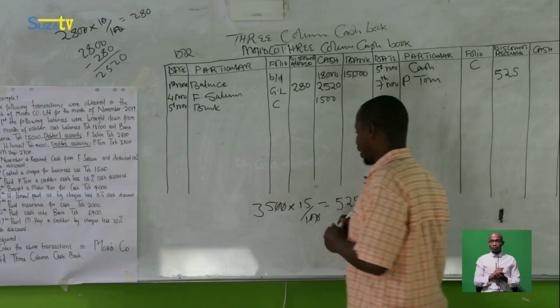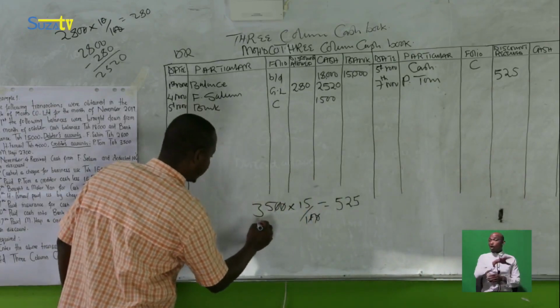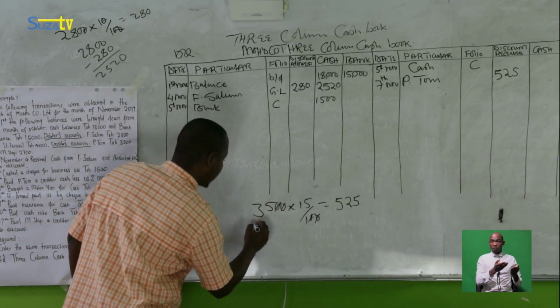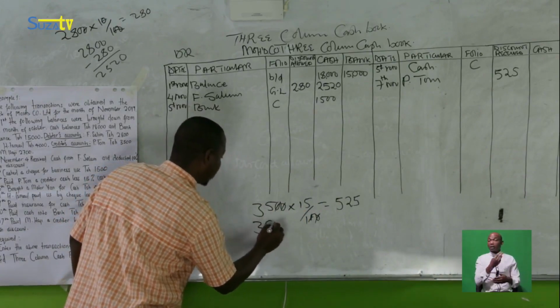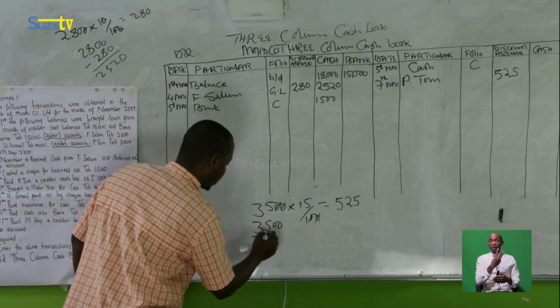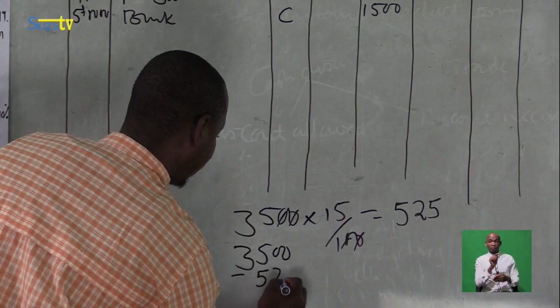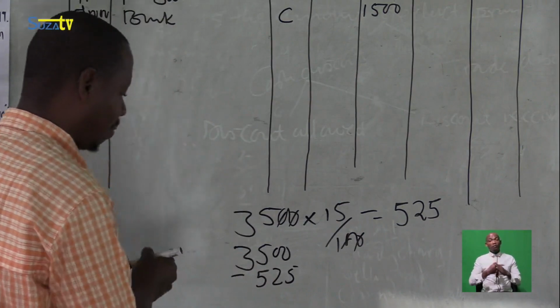Take the whole amount owed by the business. The amount wanted to be paid by the business is 3,500. Deduct the discount, 525.